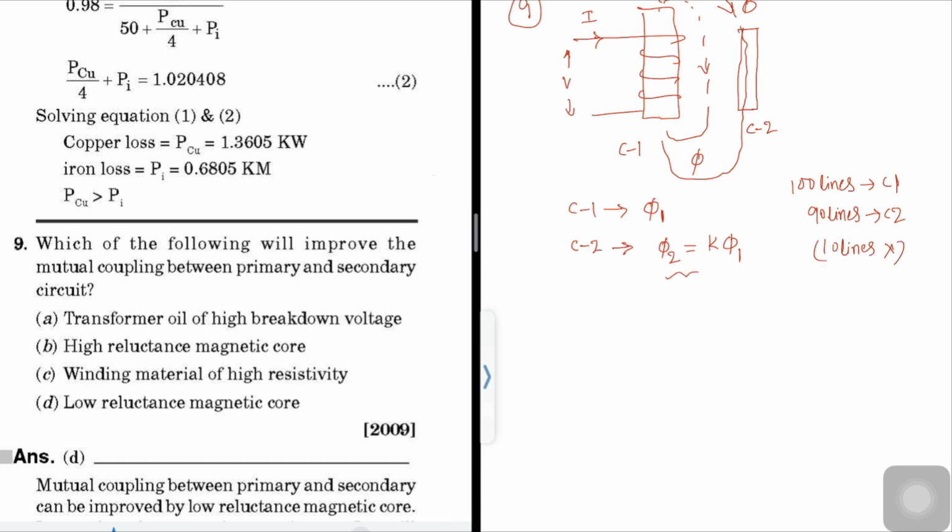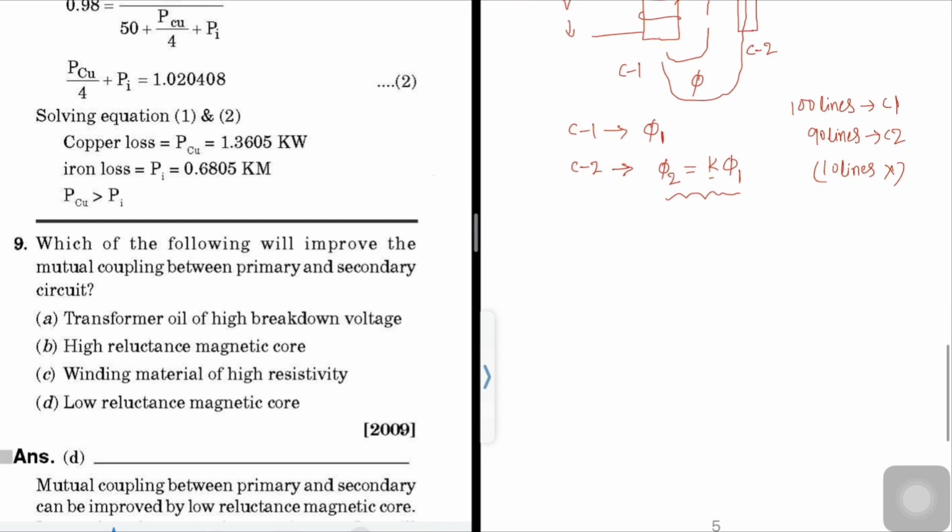So I expressed that in terms of phi 2 equal to k into phi 1, like phi 2 equal to 0.9 phi 1 in this case. So this k represents the coefficient of coupling. So if this k is more, then more flux will be linked with core 2.